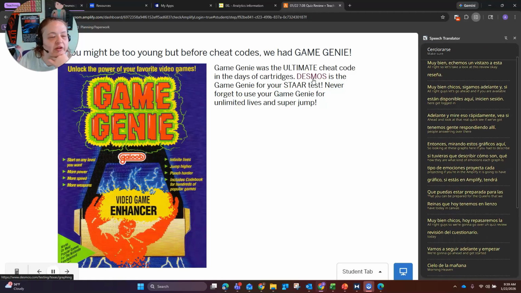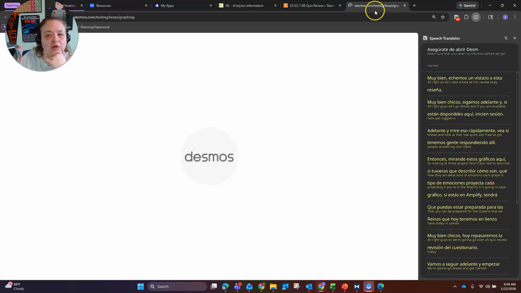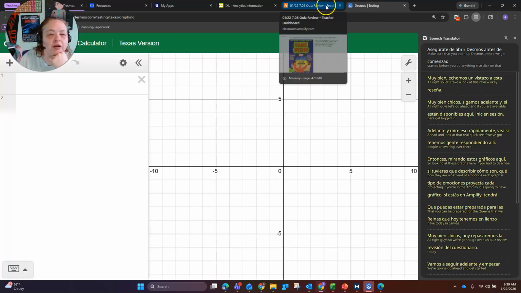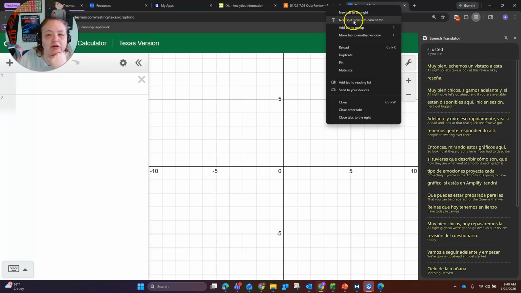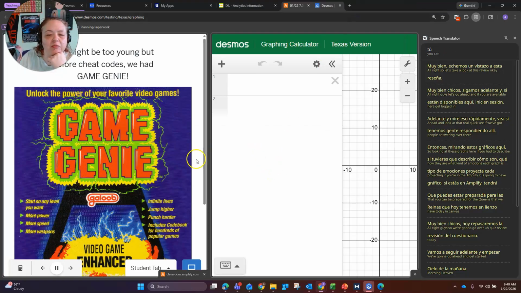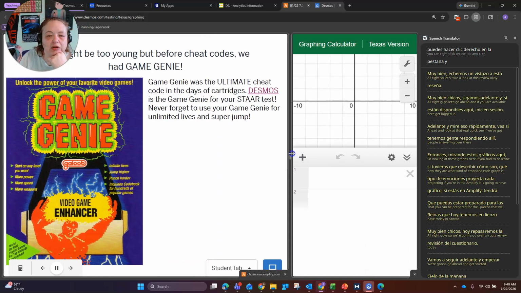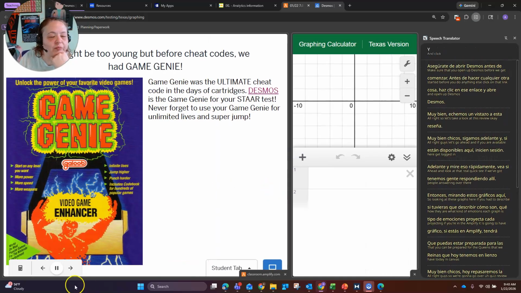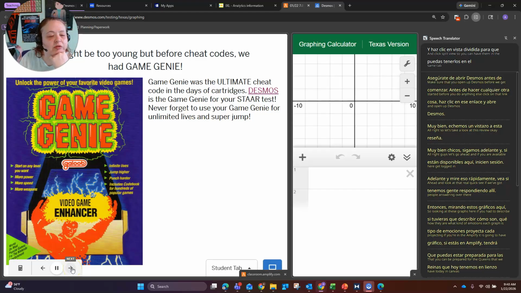Before you do anything else, click on that link and open up Desmos, okay? If you are in Chrome, you can right click on the tab and click split view so you can have them in the same tab, all right? So that's always a good thing to do. Go ahead and make sure you open up your Desmos.